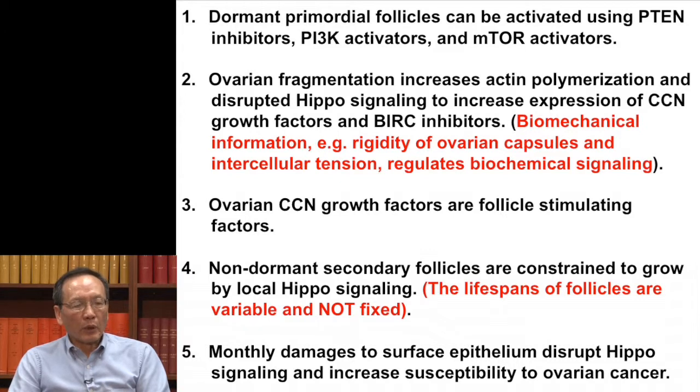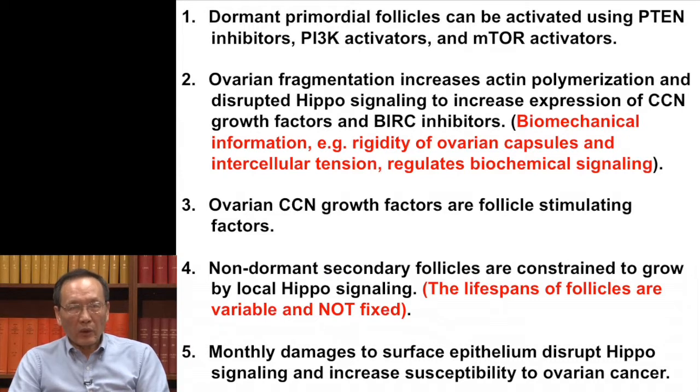And number 3, the CCN growth factors are follicle stimulating factors. And number 4, a lot of the non-dormant secondary follicles are also constrained from growing by local Hippo signaling.